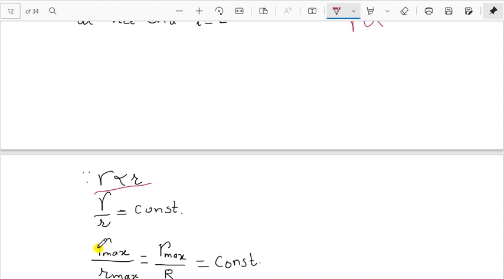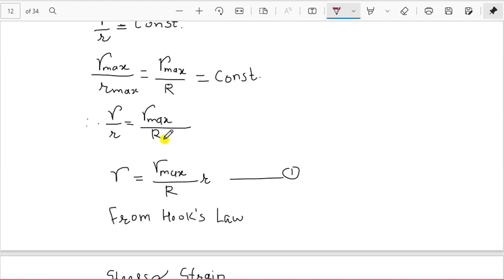That means at the extreme value, gamma will be gamma max, and the maximum value of R is capital R. So gamma max by capital R is also constant. From these two equations, we can say that gamma by R is equal to gamma max by capital R. So gamma can be written as gamma max by capital R into small r.